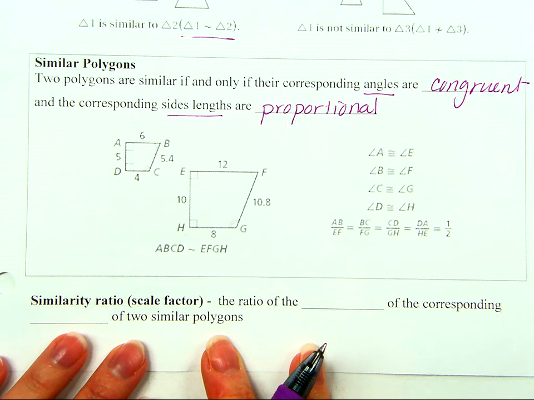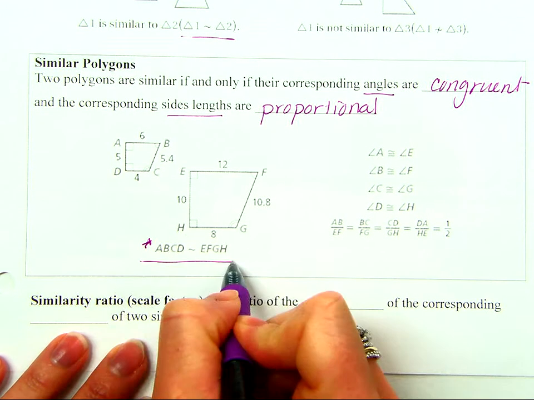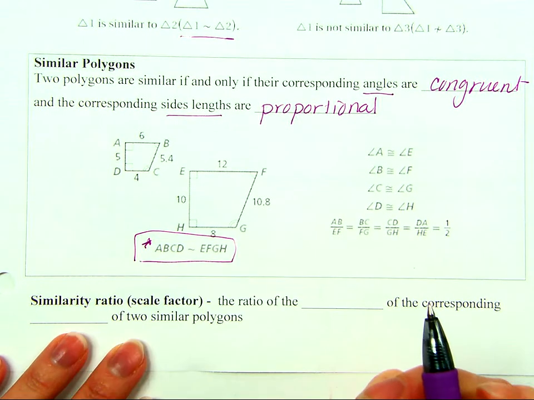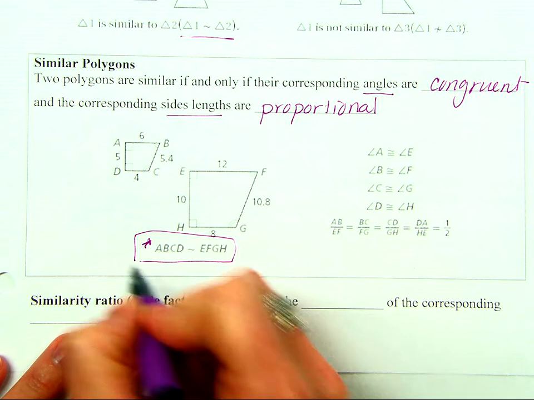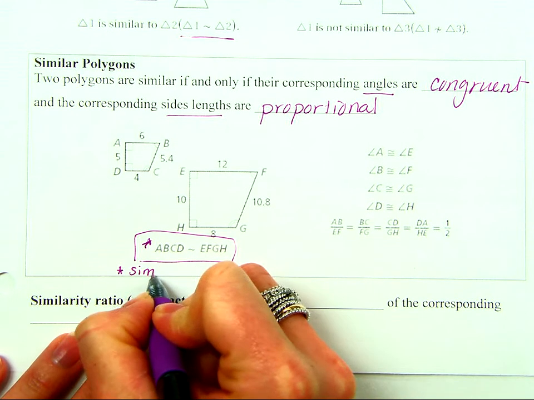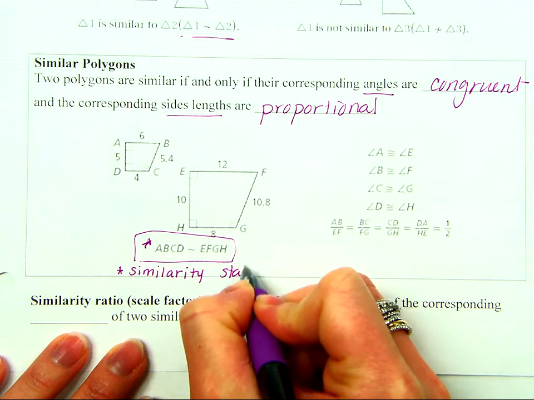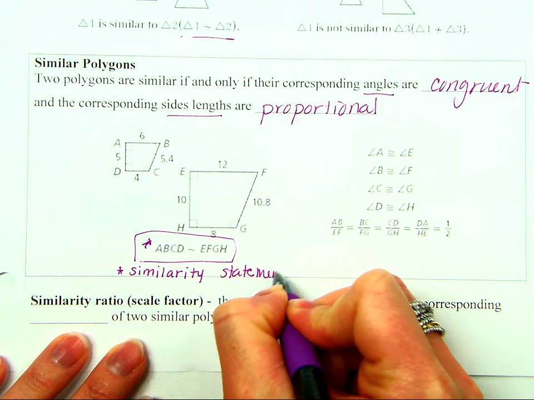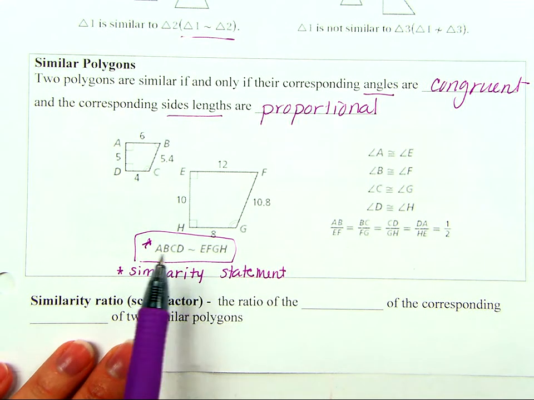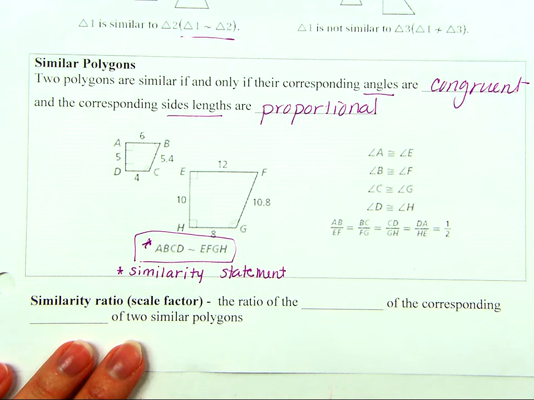They are similar. I know this because here I am given a similarity statement. I'm going to make that note there. That is a similarity statement. And just as before when we wrote our congruency statements, the order of the letters is important, so they need to be in corresponding order.